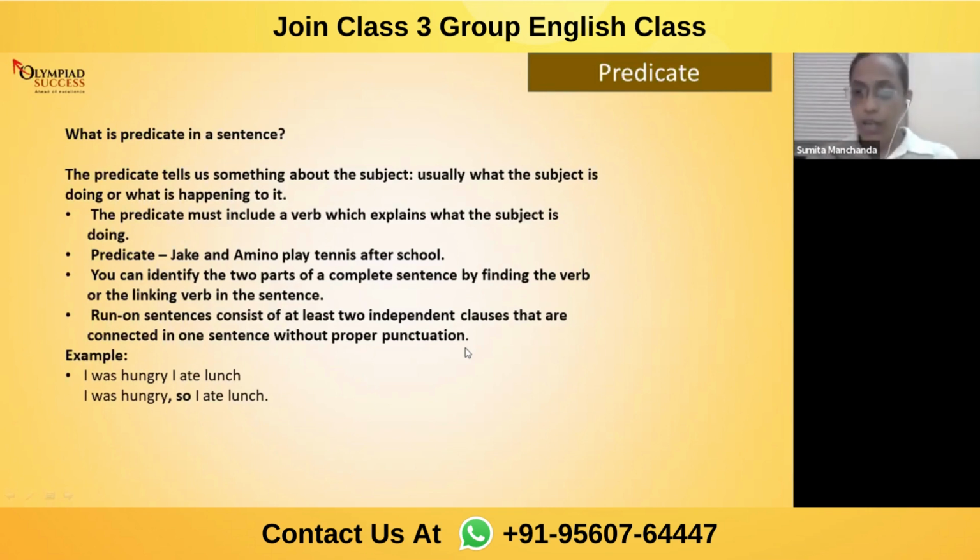So whenever I use two sentences and you are able to understand each, with no need to add another sentence, that sentence is said to be an independent sentence, or independent clause. I was hungry is one independent sentence. I ate lunch is another. So when both independent sentences are used together in one sentence and connected without any punctuation mark, it is called a run-on sentence.